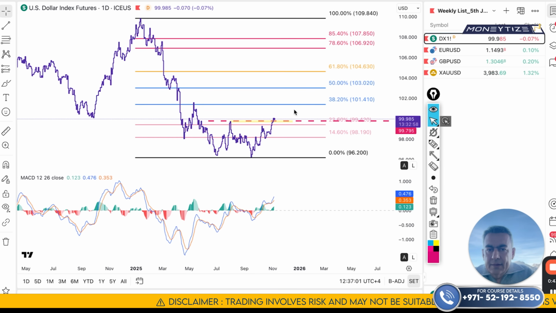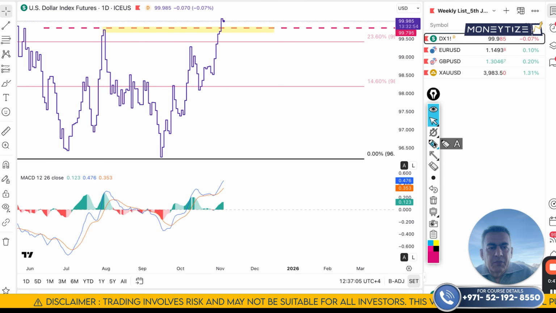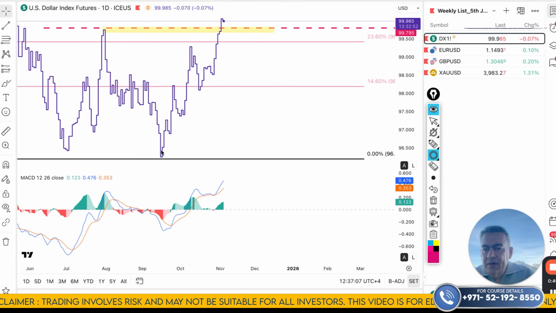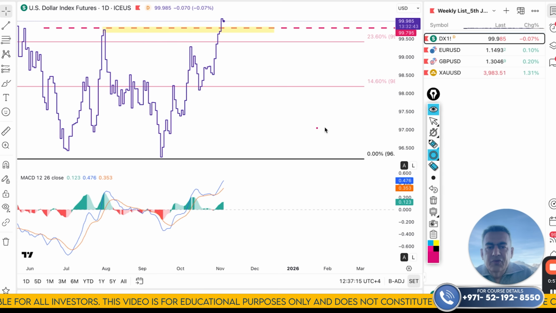And I will apply fib extension from the lowest here. So this is the turning point. So this is our point A. This could be taken as point B and point C here. So I'm gonna use fib extension in the bullish direction here.